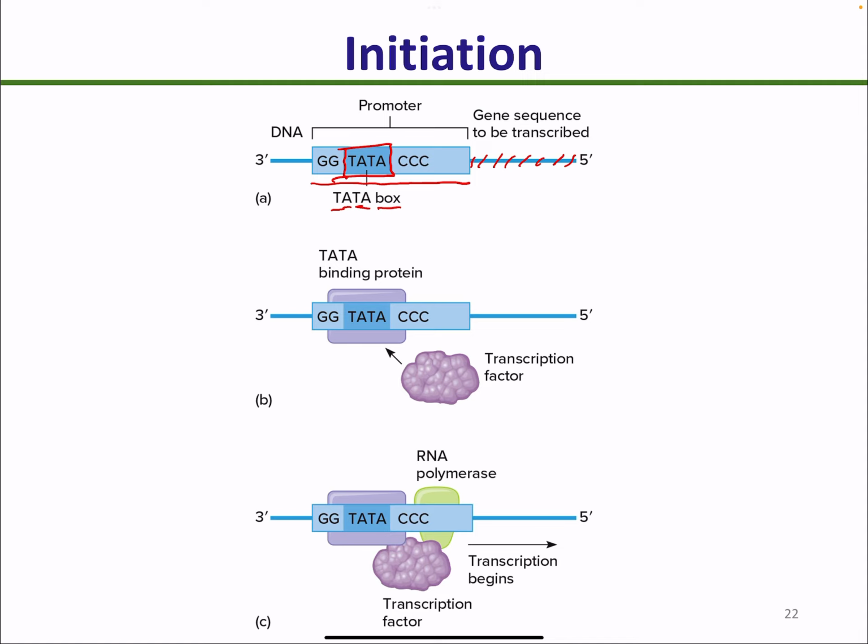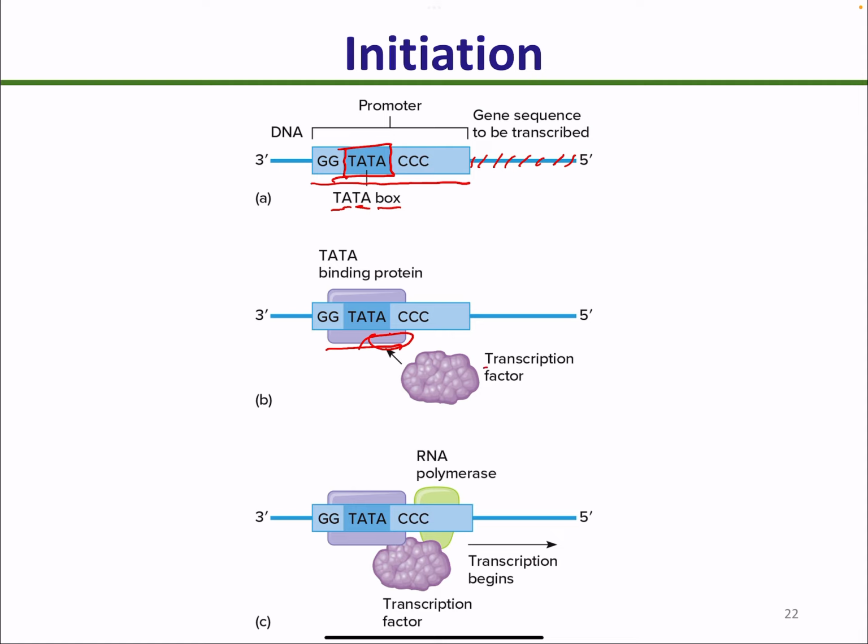promoters. Okay? So the transcriptional factor actually is going to bind on the TATA box, all right? And then you have some more transcriptional factors that are going to come and bind on the TATA box binding protein, which itself, the TATA binding protein, is a transcriptional factor, okay?